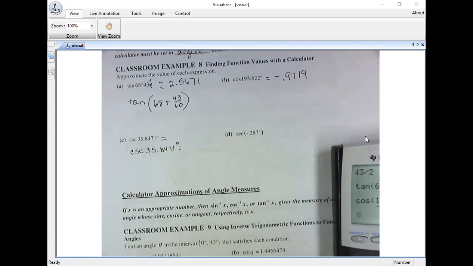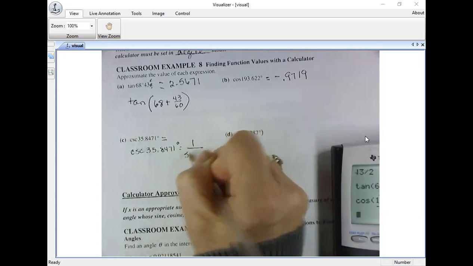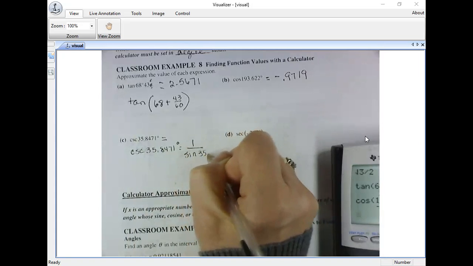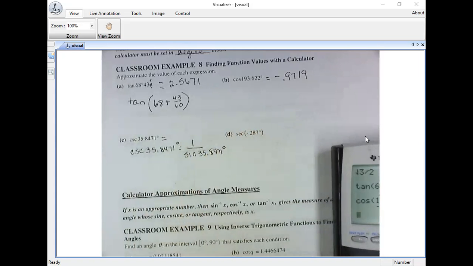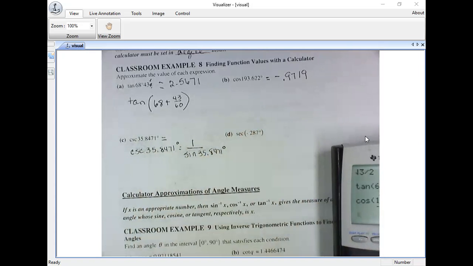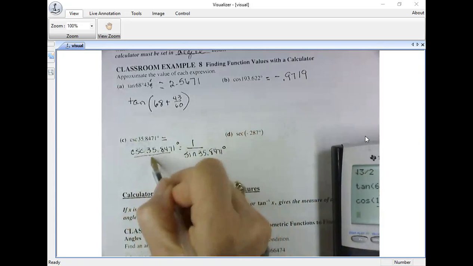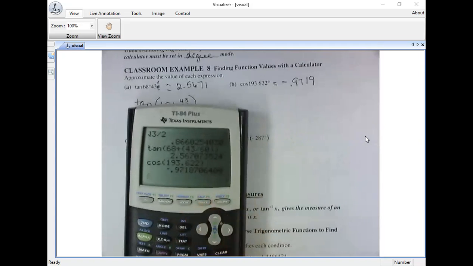Because cosecant is the reciprocal of sine, couldn't I type in 1 divided by the sine of this angle? Does that make sense? Because a reciprocal means that you're going to take whatever this is and you flip it. So if you think of this as this over 1, when I flip it, it's going to be 1 over the sine of that. So let's try typing that in.